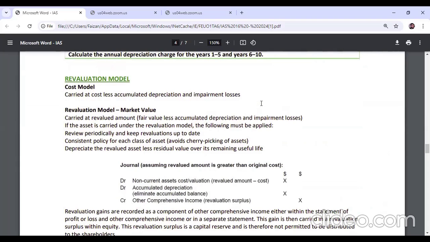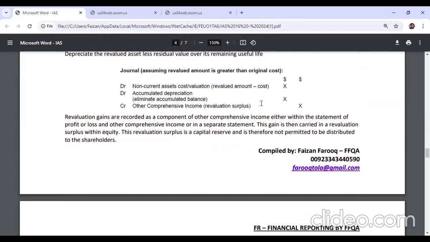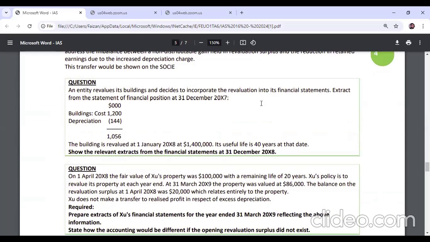Revaluation, which is a very important and very vast topic, we finished today. The cost model, market value revaluation, consistency, how to deal with it. Revaluation can be at the start of the year or at the end of the year. If it is at the start of the year, first we will do revaluation, then we will compute the new depreciation after revaluation.